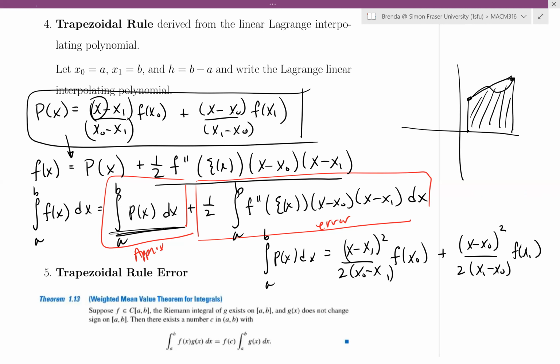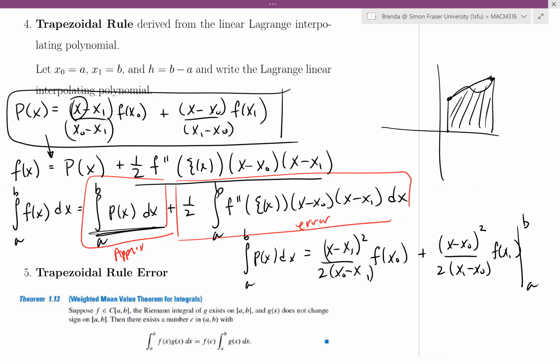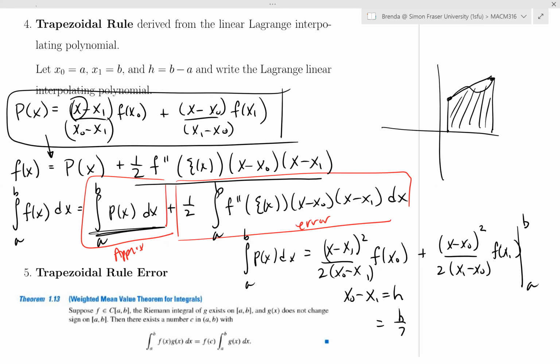Is that integration there? It's a definite integral, so it is going to be evaluated at a and b. If x naught minus x1 is equal to h, then this thing becomes h over 2 times f at x naught plus f at x1.